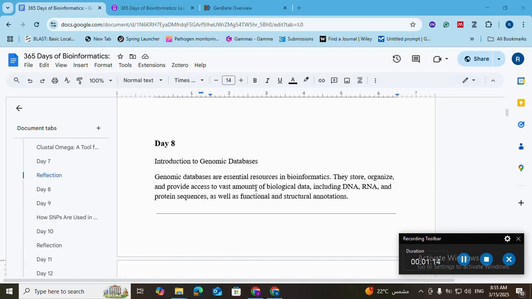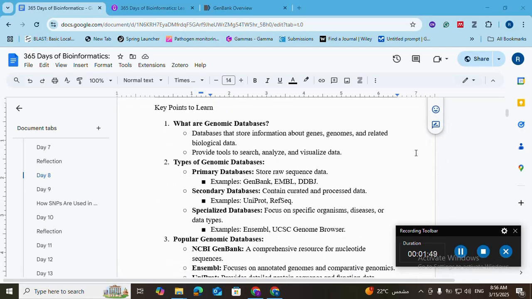What are the types of these biological data? They include DNA, RNA, and protein sequences, as well as the functional and structural annotation of these structures. So we have databases that focus specifically on the function of these genes or the structure of this protein.